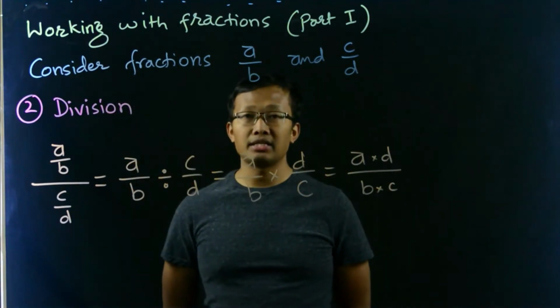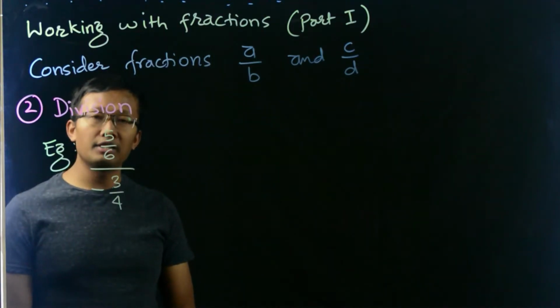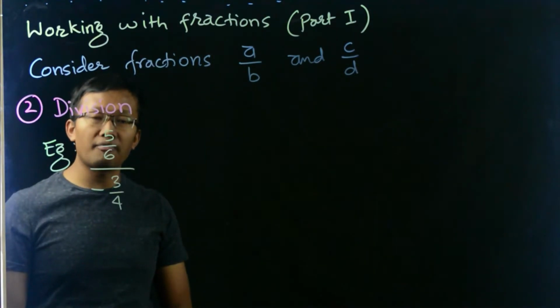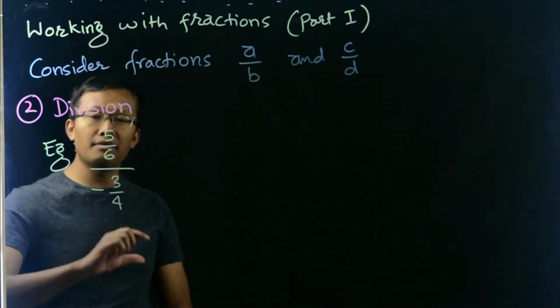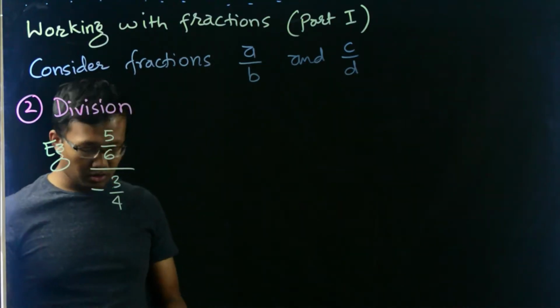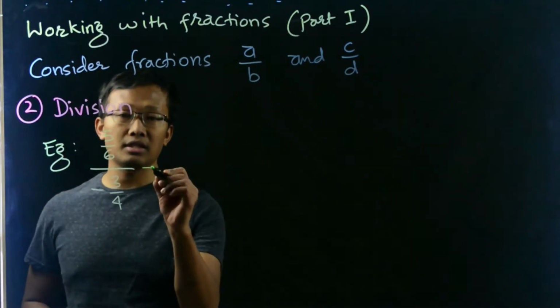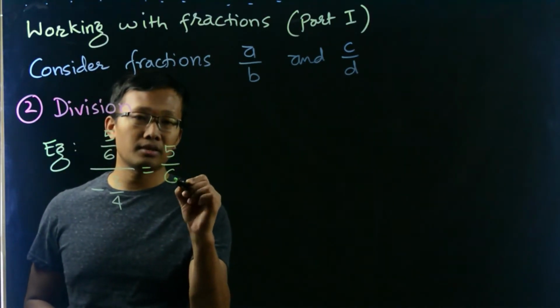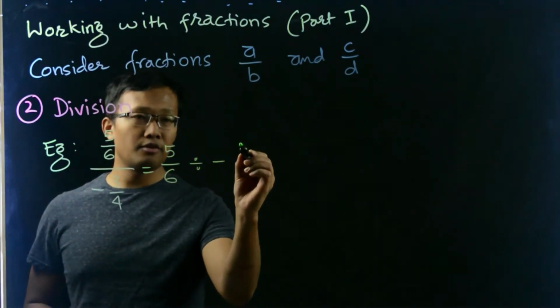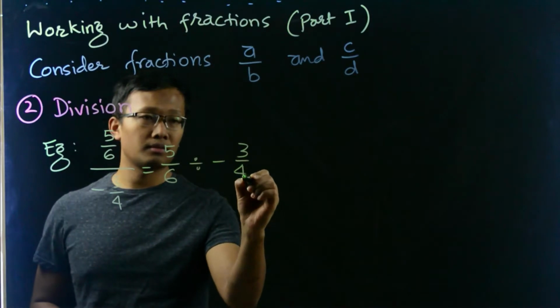Now it's time for an example. Let's consider this example. We have 5 by 6 as the top fraction and negative 3 by 4 as our fraction in the denominator. So we can write this as 5 over 6 divided by negative 3 over 4.